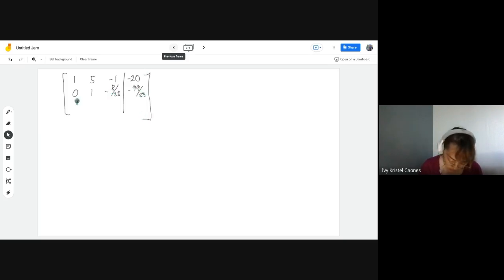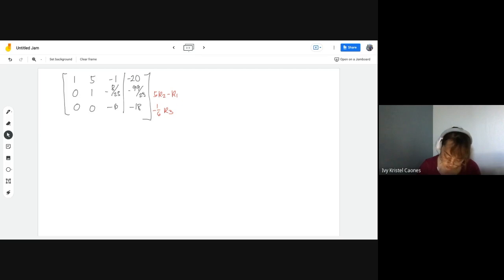Then this is 0, 0, 1, 3. For the upper part, that is 5 R2 minus R1, and negative 1/6 R3. We can do them together: 1, 0, 0, 0, 1, negative 8 over 25. Then this will become 1, then this will become 3, and this is negative 99 over 25.